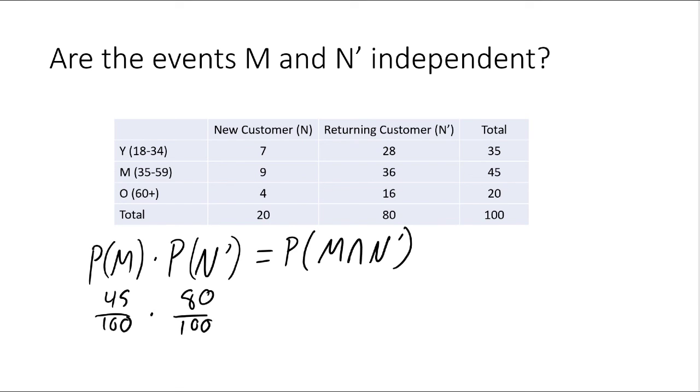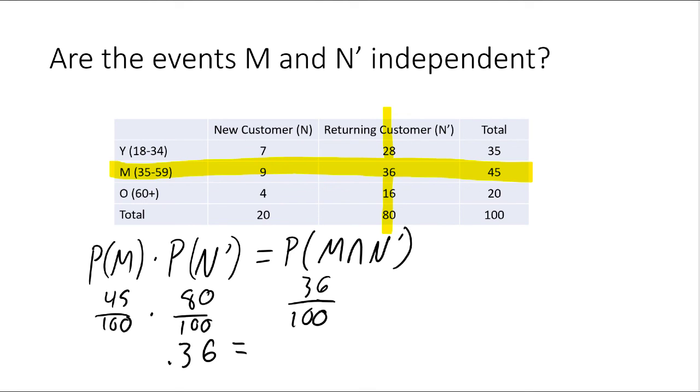And then M intersect N complement is where they intersect, and they intersect at the 36 people who are in that age group who are returning customers, so 36 out of 100. And so then we multiply 45 out of 100 times 80 out of 100, and we get 0.36, and 36 out of 100 is also 0.36. And so these events are independent. So our answer here is yes.